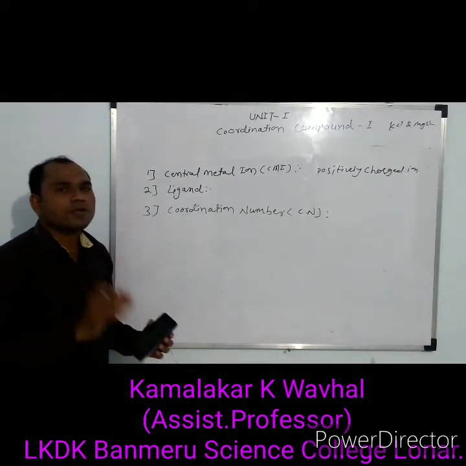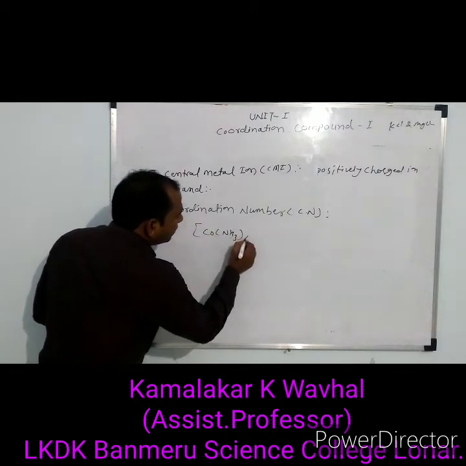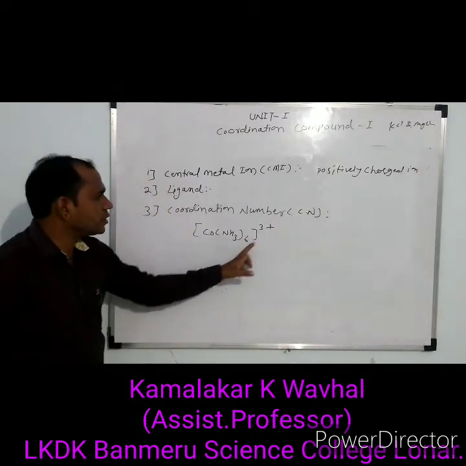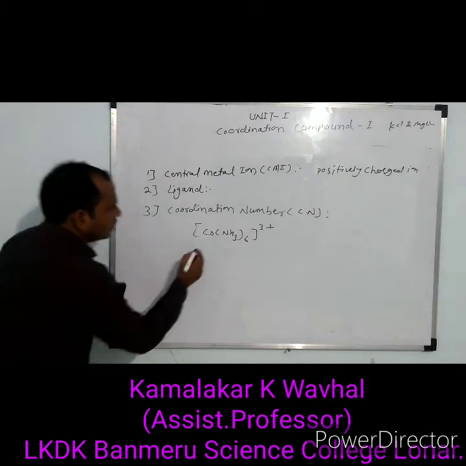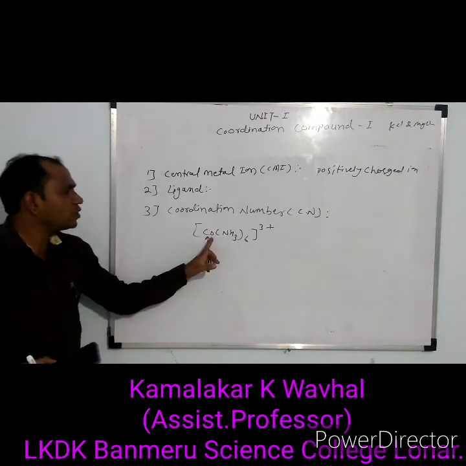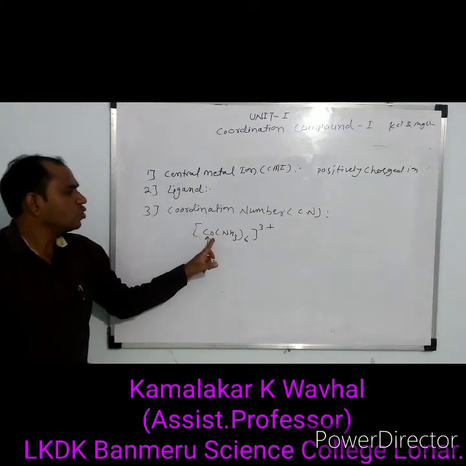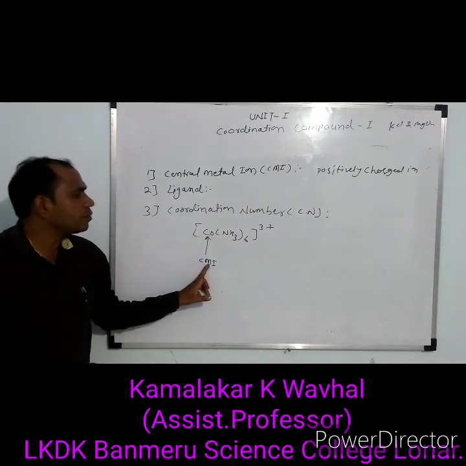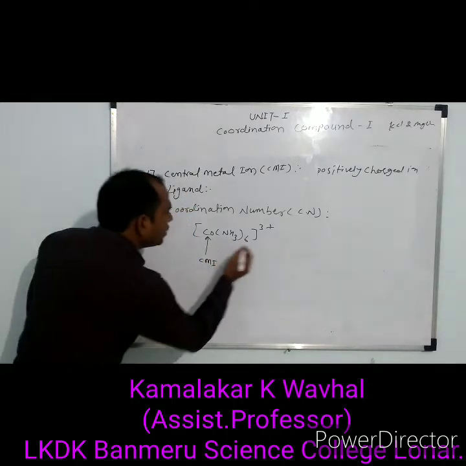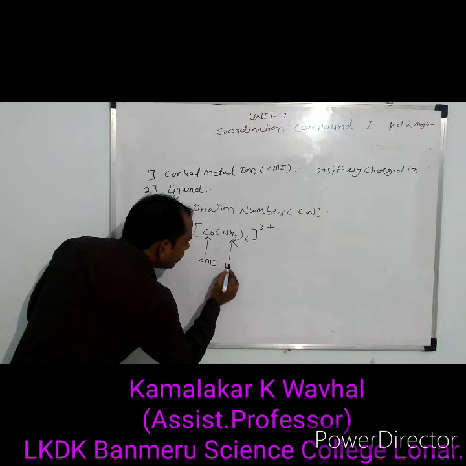For example, Co(NH3)6 tripositive complex. In this complex, Co is called the CMI because Co is a positive metal atom, the central metal atom. The groups attached to the CMI are called ligands. Six ammonia molecules are attached, so ammonia is the ligand.